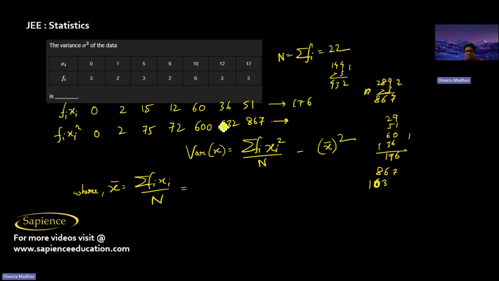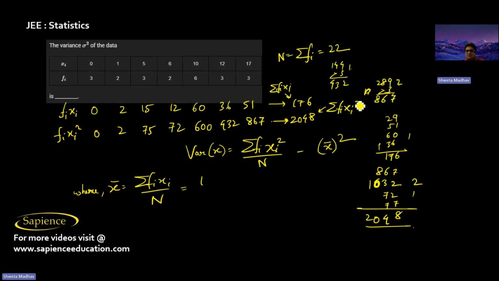So it's 1000 plus 600, that is 1032, plus 72 plus 77. So the total is 2048. So now summation fi xi is 176, and this one is summation fi xi square, 2048.